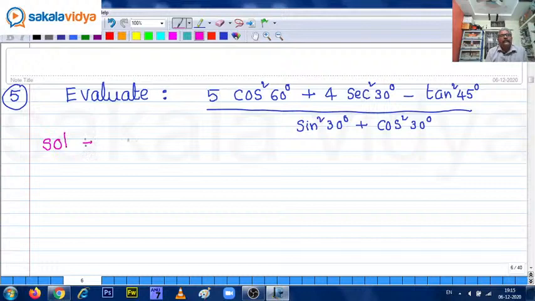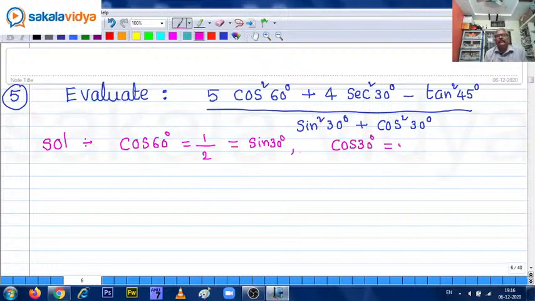Solution. See, cos 60 degrees is equal to 1 upon 2, whose value equals sin 30. That means cos 60 and sin 30 values are known. Next, cos 30 degrees is equal to root 3 by 2.